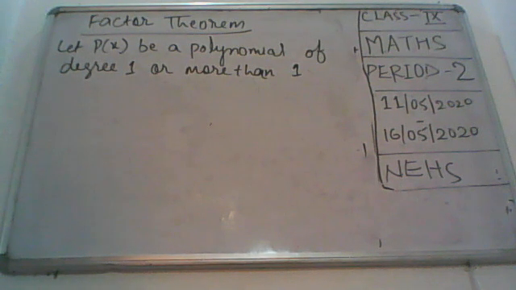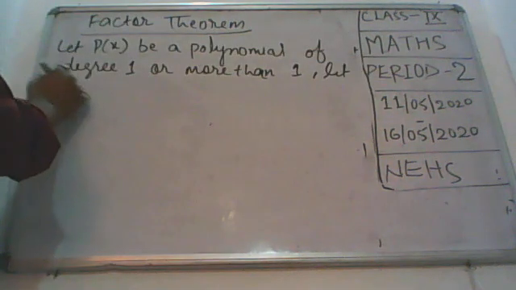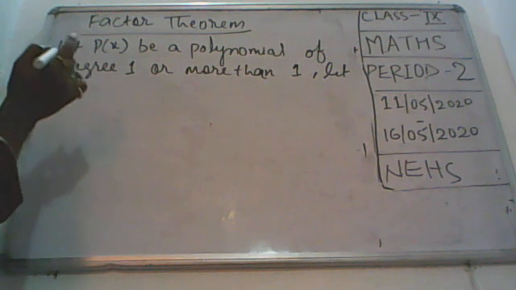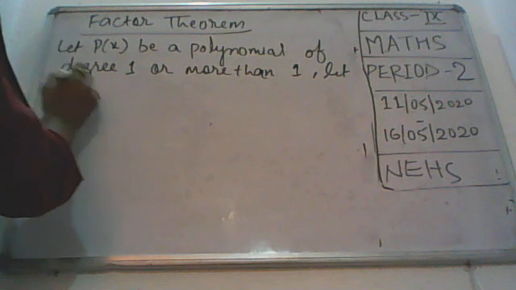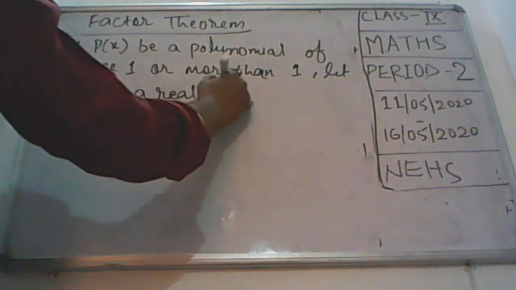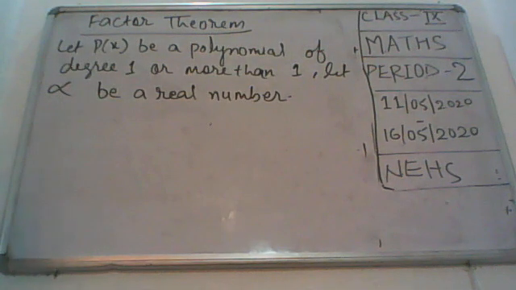It may be quadratic, cubic, whatever. And let alpha be a real number, as in the previous remainder theorem. It means a combination of rational or irrational. It can be any number.